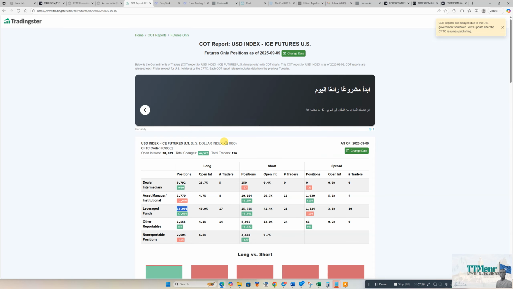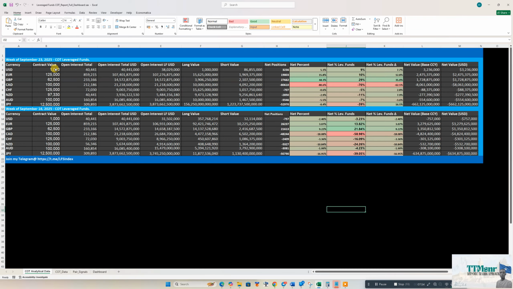Before we switch, you can see each contract of the US dollar is equivalent to $1000. That is one important thing you have to keep in mind, since calculation of the data value will be based on understanding the contract value. So we will have open interest total and open interest total in US dollars, and there we will have the data analyzed in this section.